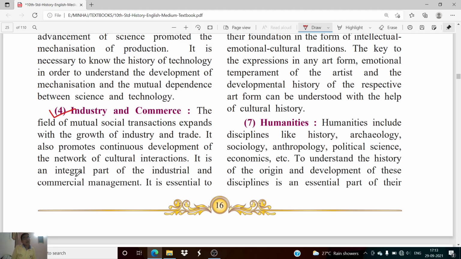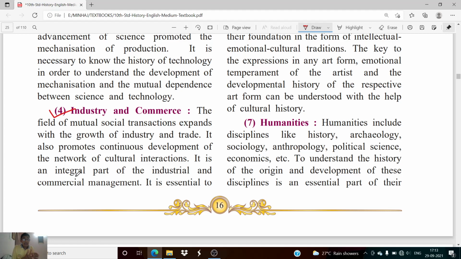Before 10 or 20 years, the buying and selling of the product was conducted in a traditional way. But nowadays you can buy a product online, you can sell a product online, you can examine a product online. So the method of buying and selling has changed now.